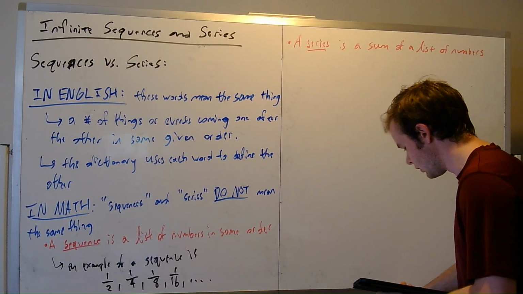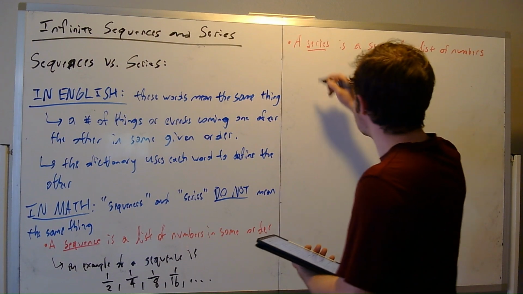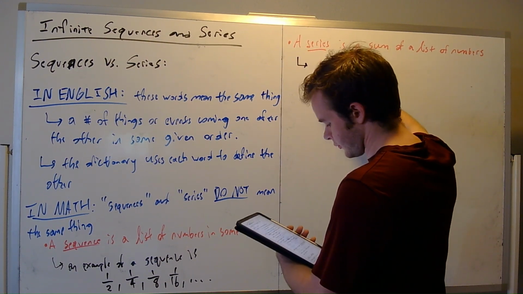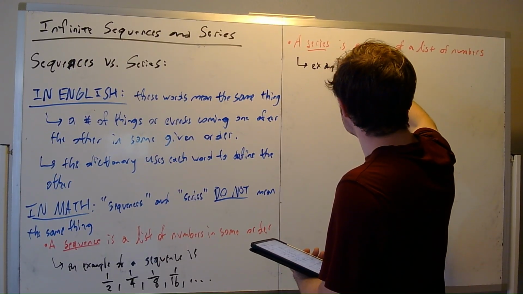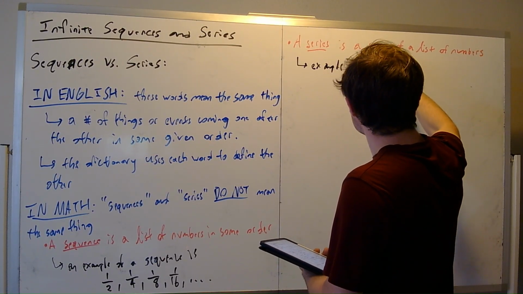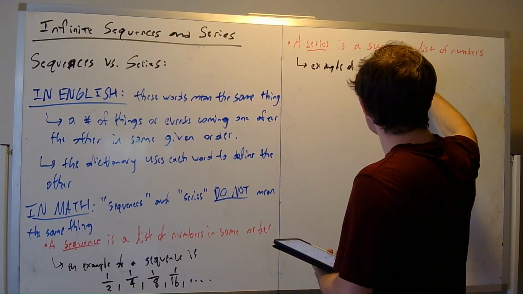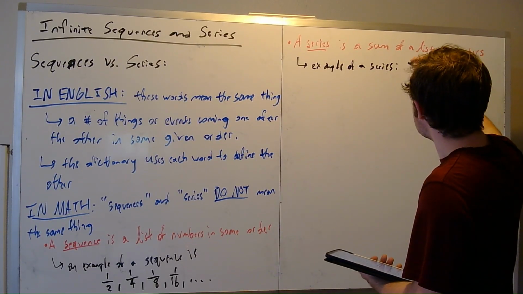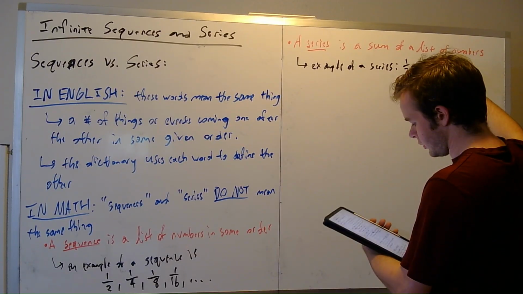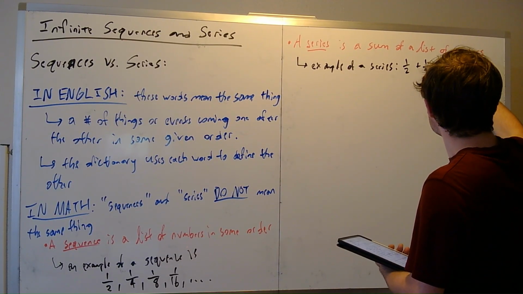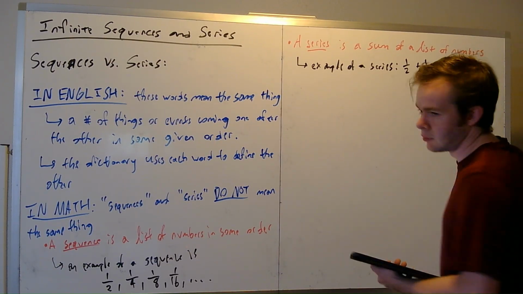So let's look at an example of a series. So one example is, let's say we had 1/2 plus 1/4 plus 1/8 plus 1/16 plus, and so on.